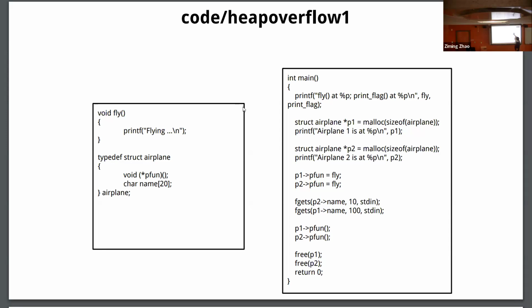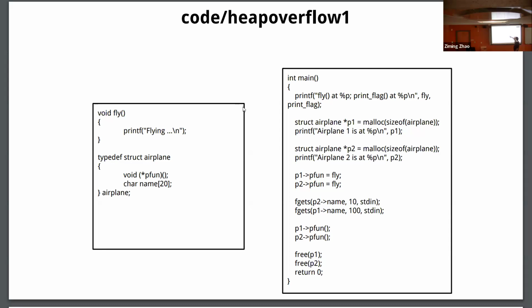We first malloc an airplane on the heap, and we tell you where airplane 1 is. Then we malloc another airplane, we call it airplane 2. We have 2 pointers, P1 and P2, pointing to both structures on the heap.